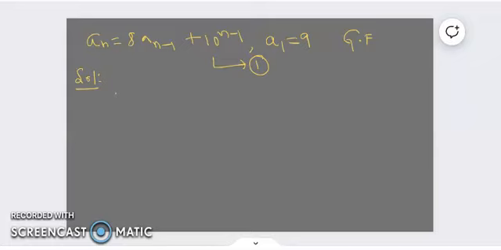Start with the first step: let us take the generating function G of x equals summation n equals 0 to infinity a_n x power n. This is the general form of the generating function. Take it as equation number 2.